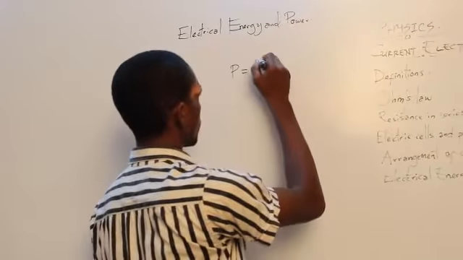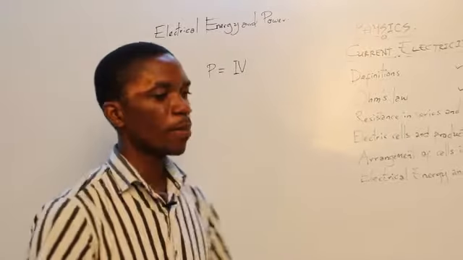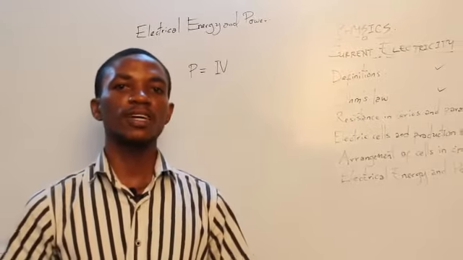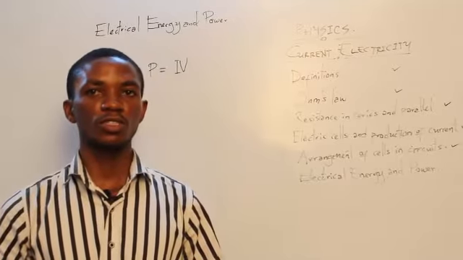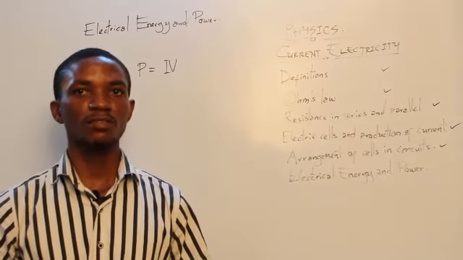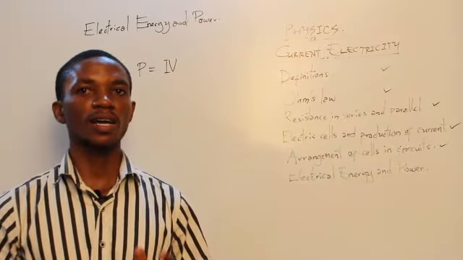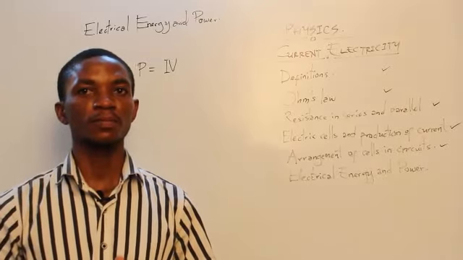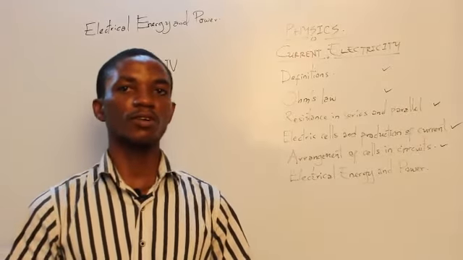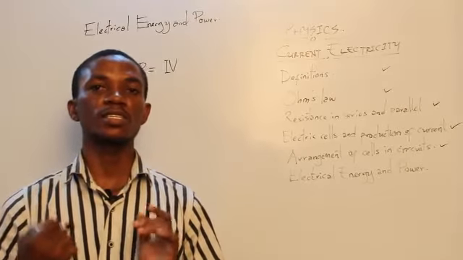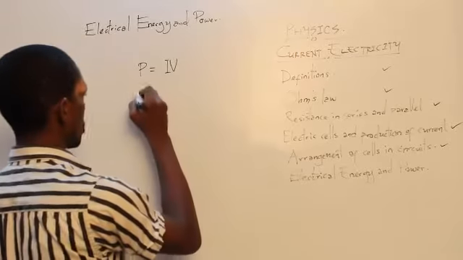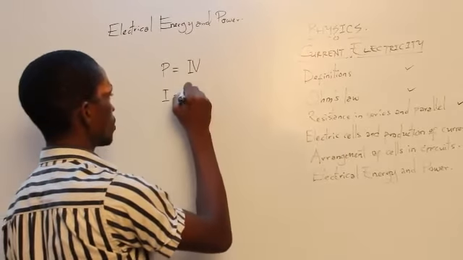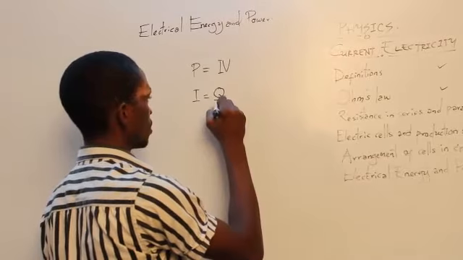Electrical power is IV. If we remember how we defined electric current and how we defined electric voltage, that is potential difference, then you see the reason why our electric power is IV. How did we define current? We said current is the time rate of flow of charge, and we give the expression I equals Q/T.